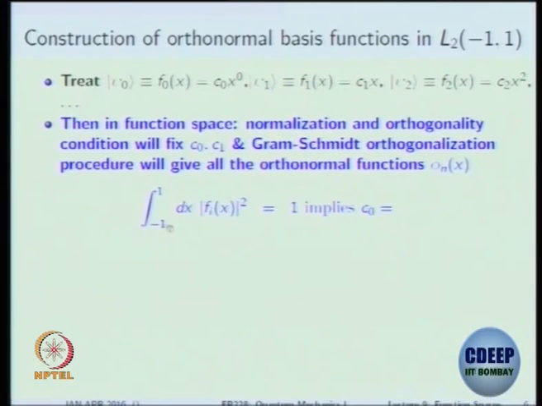Why? Because the boundary regions are only -1 to +1, you are not crossing that. So x to the power of infinity can at most have 1 or -1 at the boundaries. 1 to the power of infinity is 1. So in some sense this is an allowed basis function for L2 of -1 to +1.